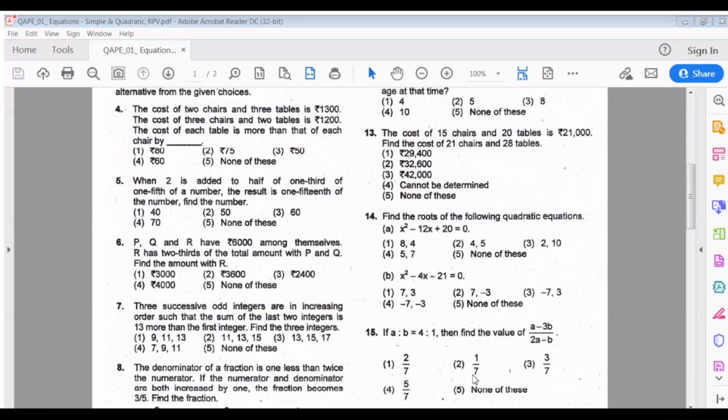Can you see the screen, everybody? Yes, sir. Questions 4, 5, 6, and 7, everyone try.